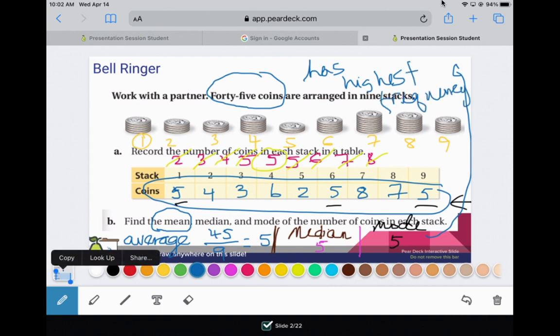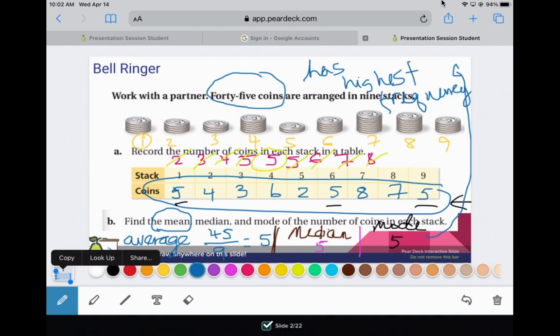Remember the frequency that we talked about last week? When we look at the table, the one that you count and have the highest number is the most. So the mode is the one with the highest frequency.